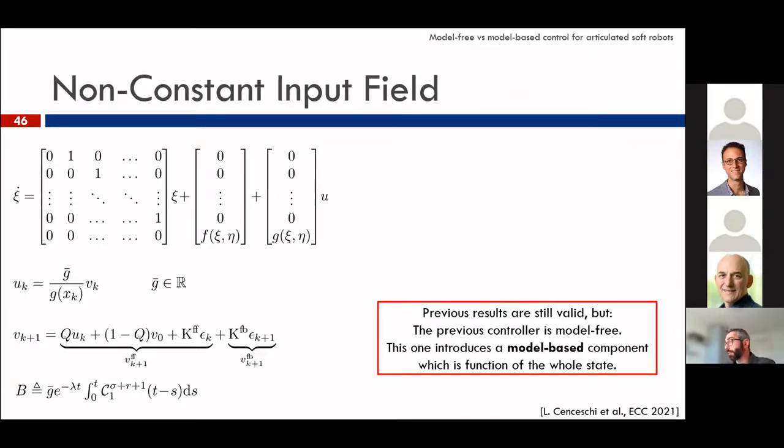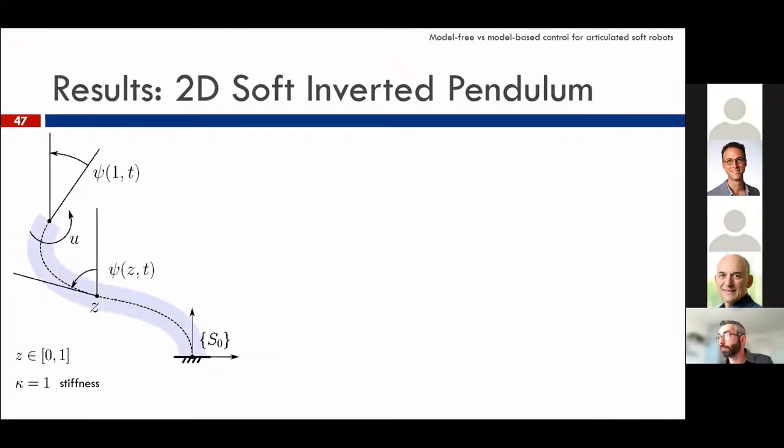But there is a difference: the previous controller was completely model-free, while this one has a model-based component. So U depends on G of X.